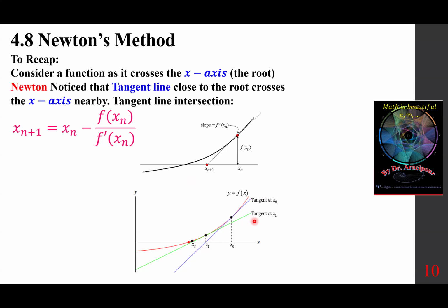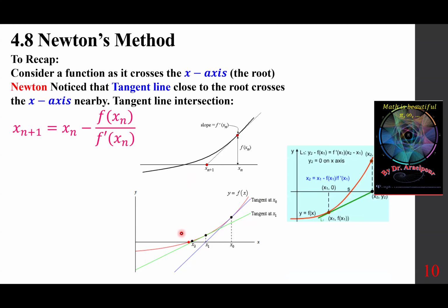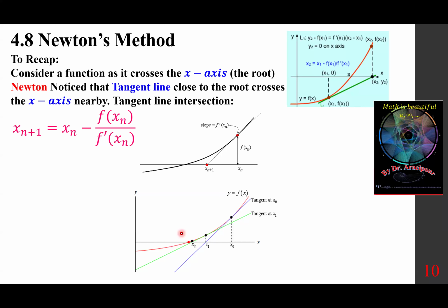Here's the new tangent line. The new tangent line, the green one, gives you x sub 2, which is even closer to the red one, which is the actual root. So it gets closer and closer. Again, here are various graphs so you can see them. You pick a point, you draw a tangent line, and this is the root that you want.